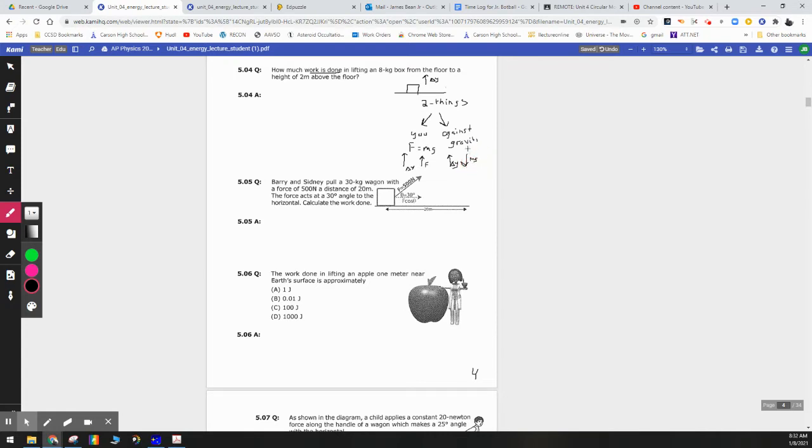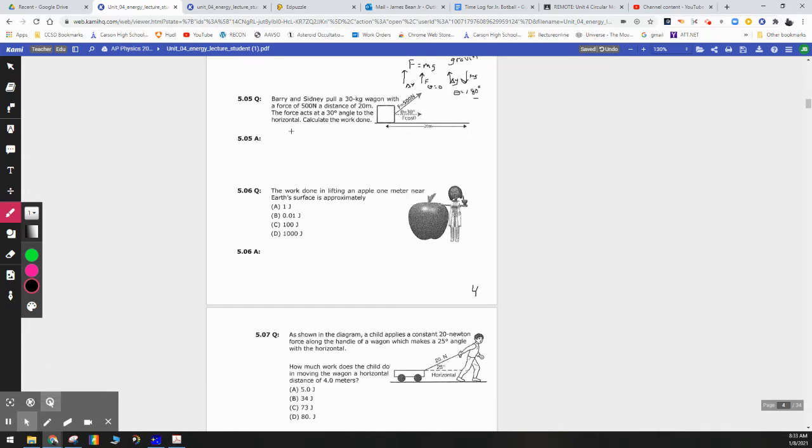Against gravity, theta in this case is going to be 180 degrees, which gives us a negative sign for cosine of theta. Here, theta is 0, so it's positive. So we've got to be careful here. We'll say how much work is done by you to lift this up. Go ahead and give that a shot and see what we've got.